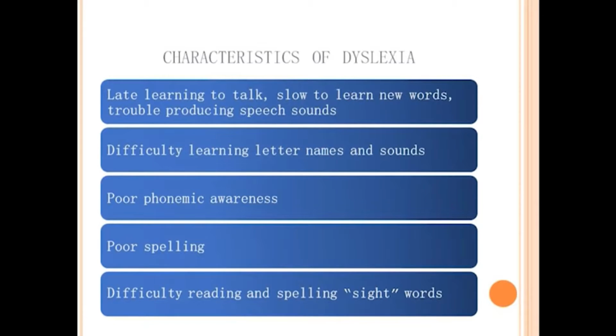Let's talk about some characteristics of children with dyslexia. Some, but not all, children with dyslexia will show early signs of difficulty with the sounds of language. They will be late to talk, slow to learn new words in general, and have difficulty producing speech sounds.